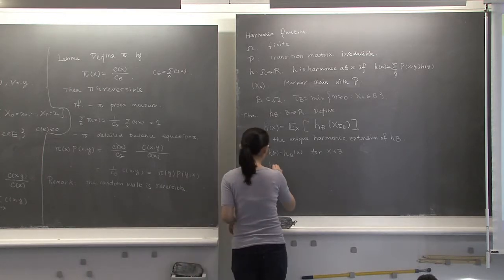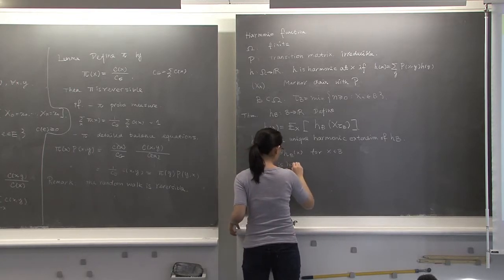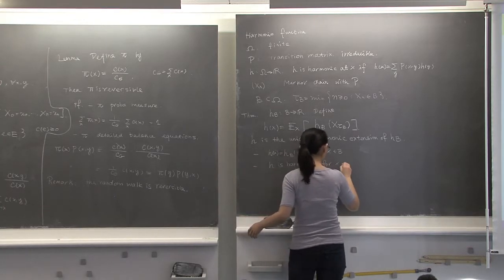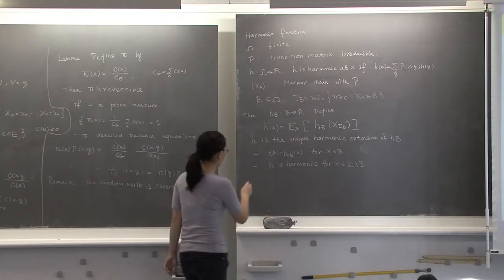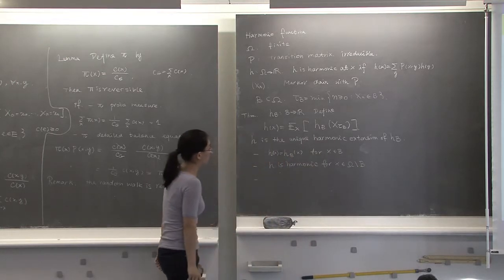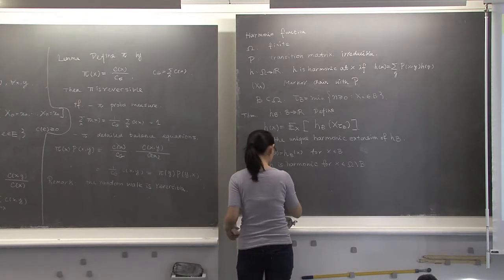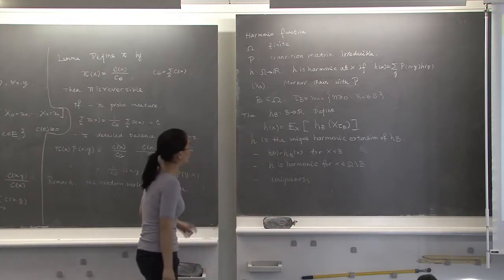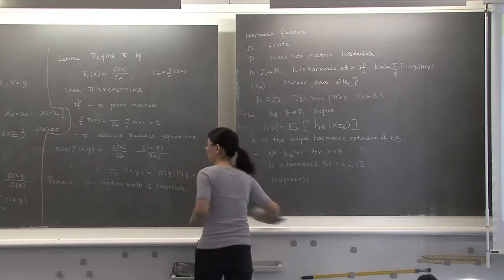It means that for x outside B, it is harmonic. And the third argument in this statement is that the harmonic extension is unique. Okay, so from the statement here, in fact, we need to prove three little arguments.